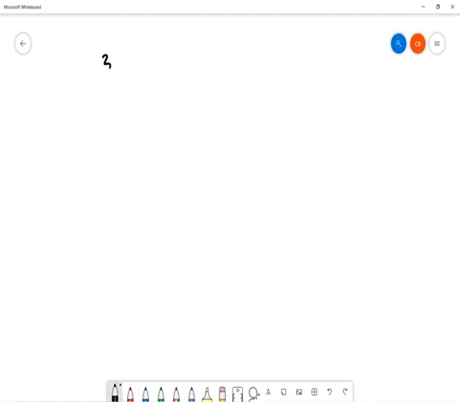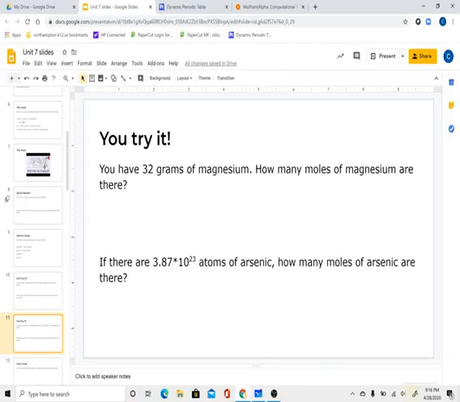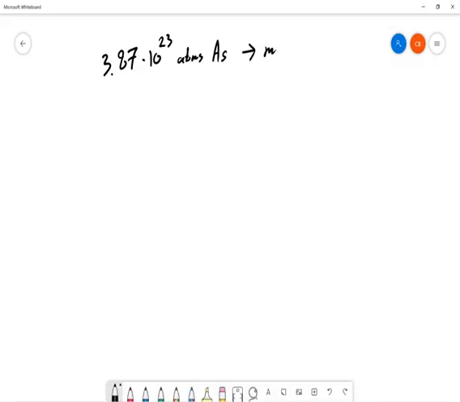Okay, 3.87 times 10 raised to the 23rd, and that is atoms of, not argon, arsenic, As. 3.87 times 10 to the 23rd. How many moles?